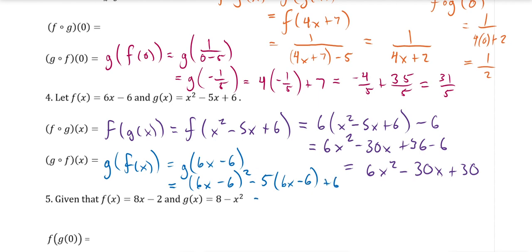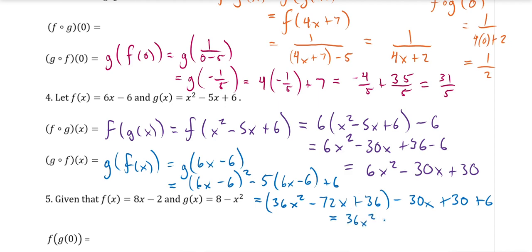To figure out what this is, we're going to need to first FOIL, and expanding this by our perfect squares rules is going to give me 36x squared minus 72x plus 36 minus 30x plus 30 plus 6. And combining like terms, we get 36x squared minus 102x plus 60.